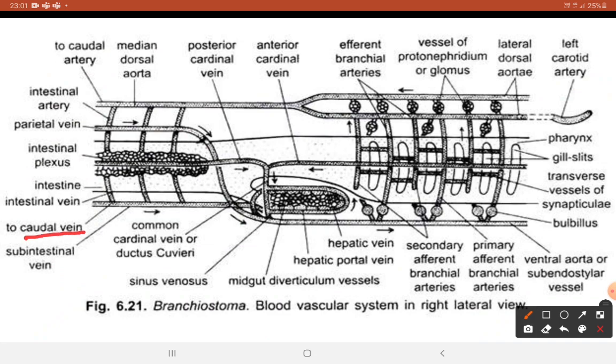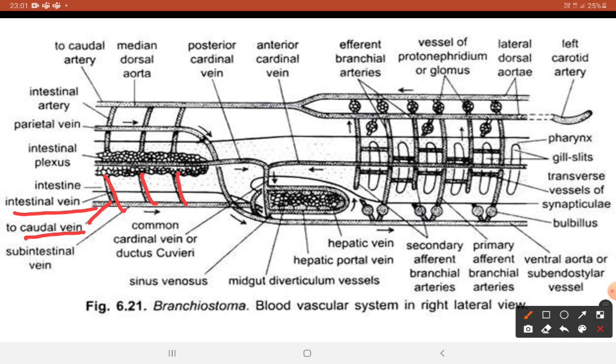And what does this caudal vein do? As the name suggests, caudal means tail region. This picks up blood from the tail region, and from the intestine the blood is picked up by the intestinal vein. These join to form a small median subintestinal vein.